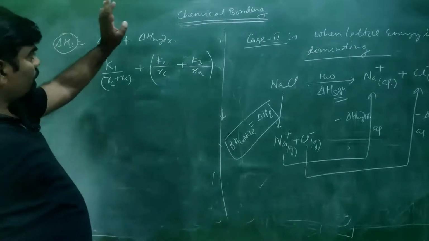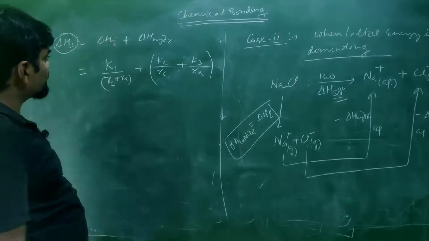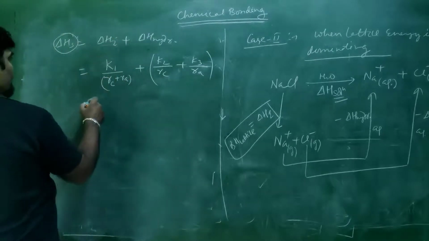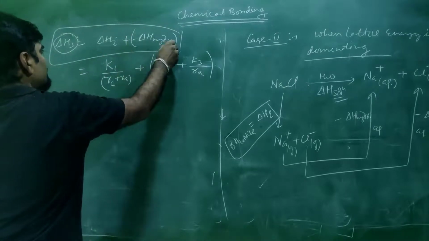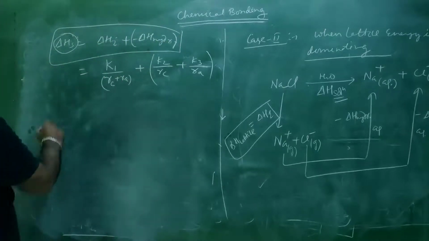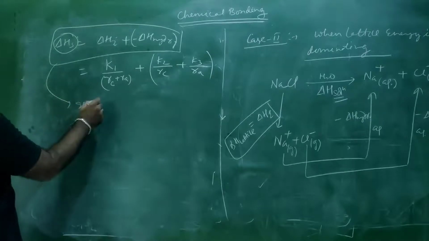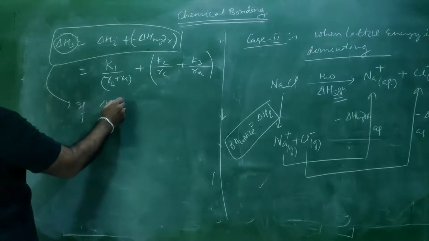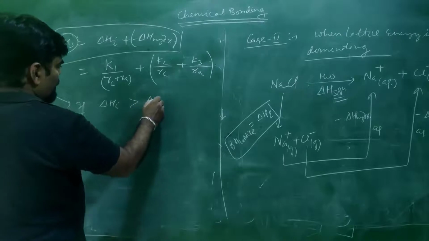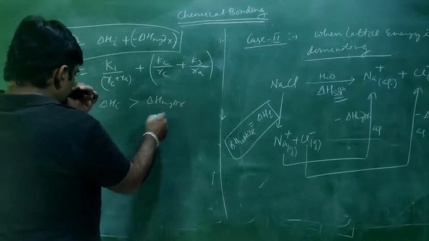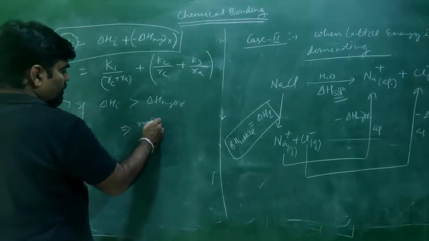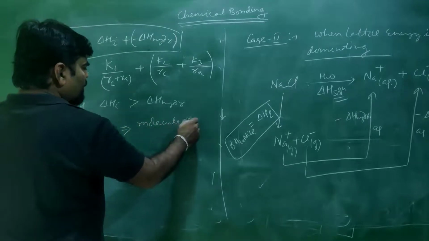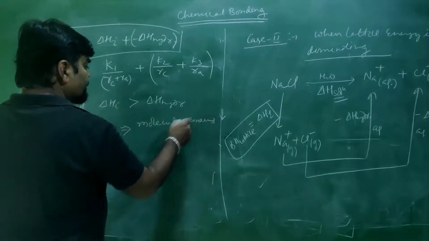Hydration enthalpy is negative, so this we can explain. This value is negative, this value is positive. So if enthalpy of ionization is greater than enthalpy of hydration, what we can say? The molecule remains insoluble.